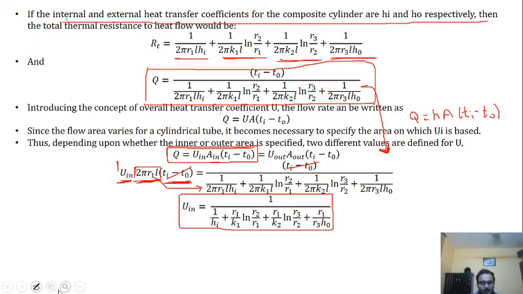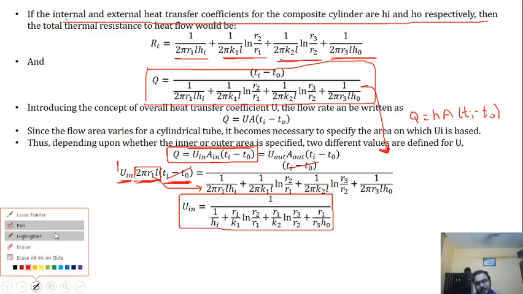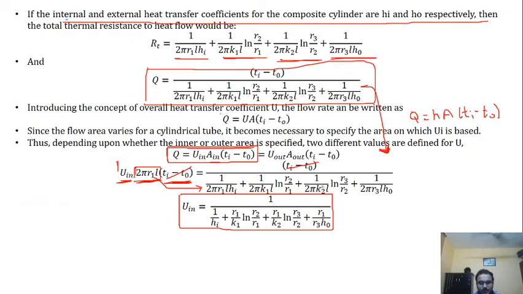Now our objective is to find the overall heat transfer coefficient based on the outer area. So for that, you can write this equation here as U_out 2 pi R3 L (Ti minus To), and now you will be dealing only with this portion.